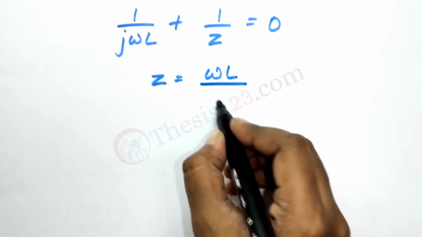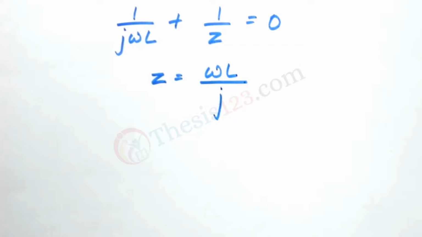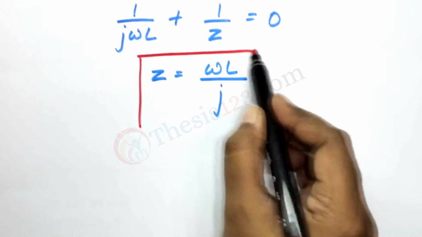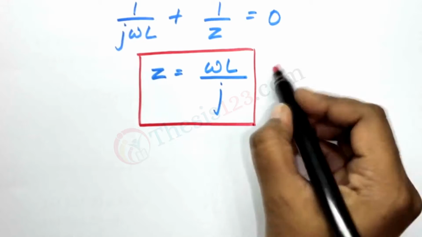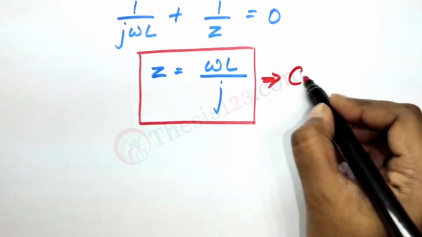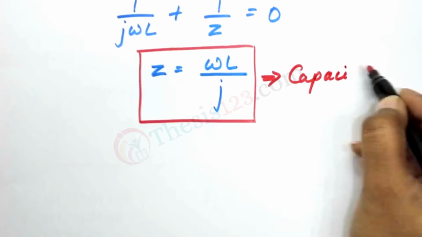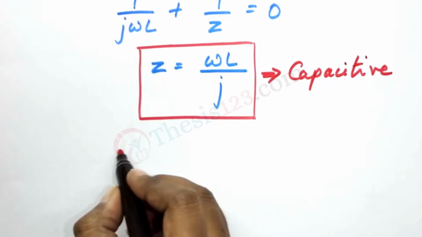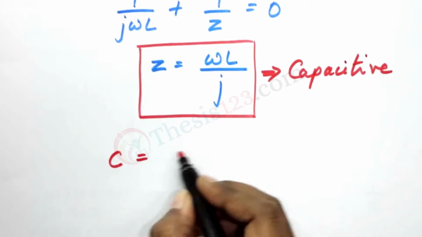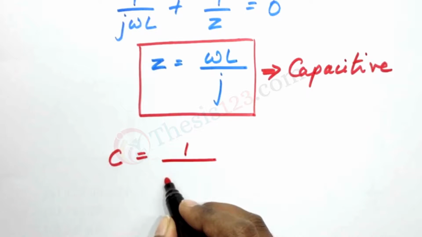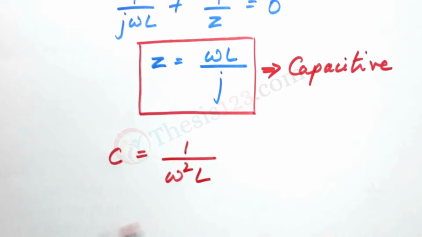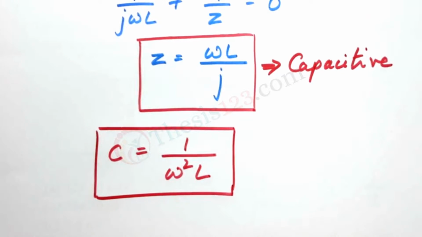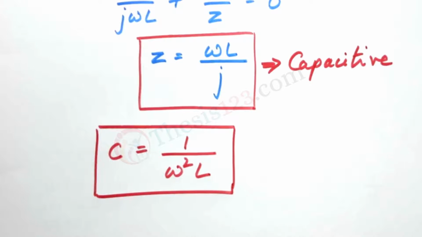This tells us that the Z element is capacitive. Because it is capacitive, we use the capacitive expression C equals 1 divided by omega square L. Please make note of this formula: C is equal to 1 by omega square L.